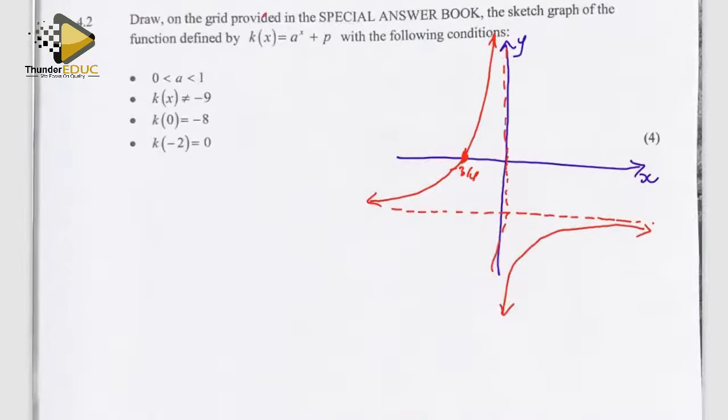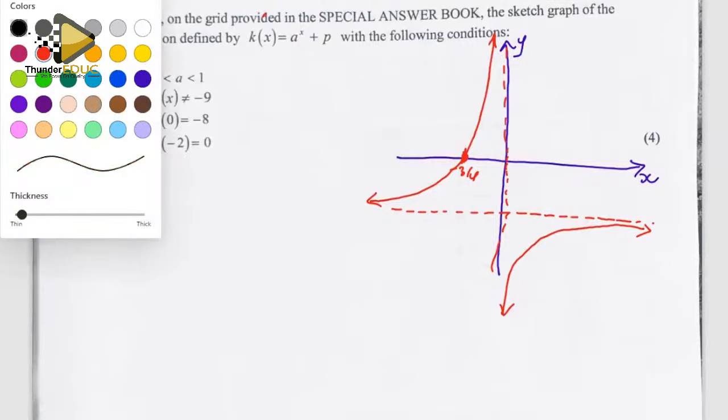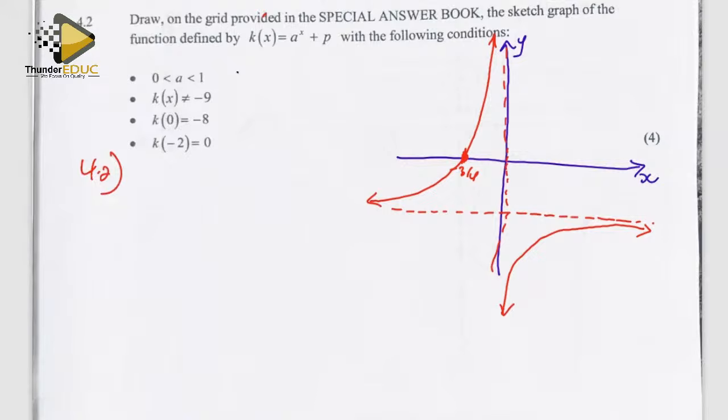Then 4.2, they want us to draw another graph with a special function, a to the x plus p. So for as long as the exponent is x, meaning that this graph is an exponential.